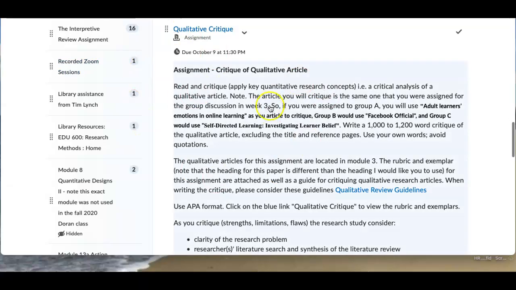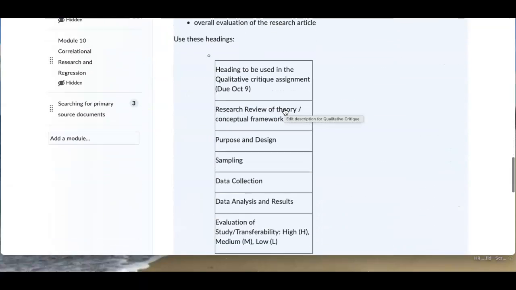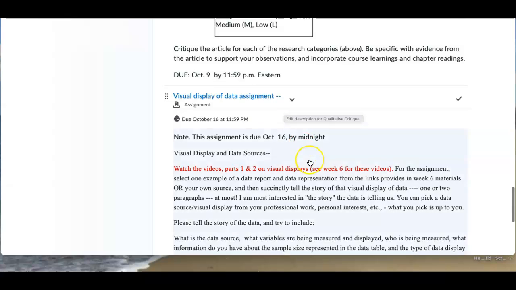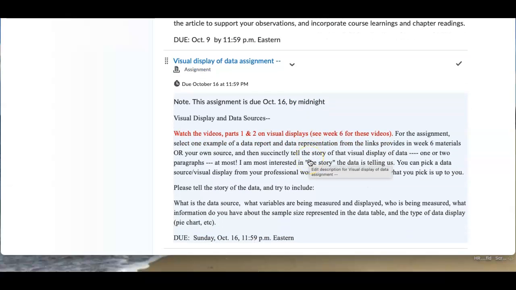So that is due tomorrow night. And what is expected as far as this week, next Sunday by midnight, I'd like you to do this visual display of data assignment. This is not a big assignment.